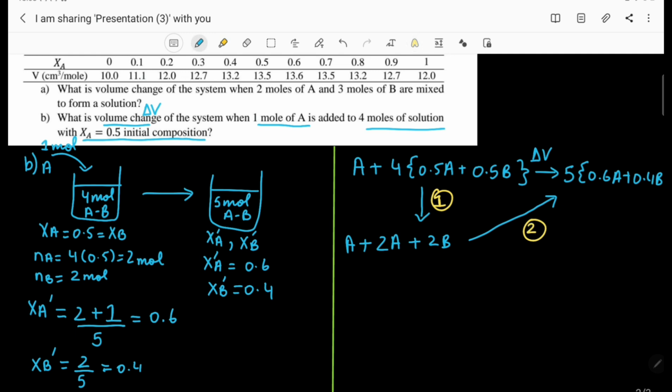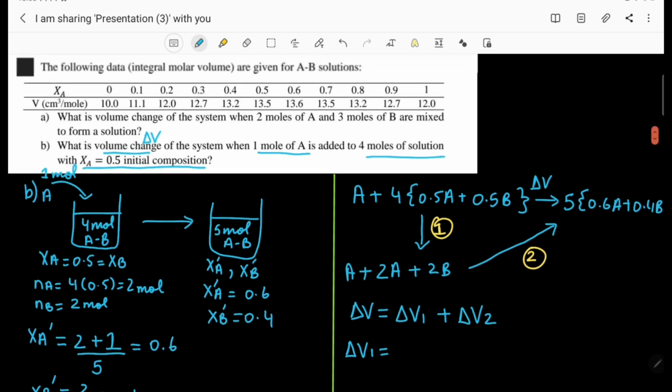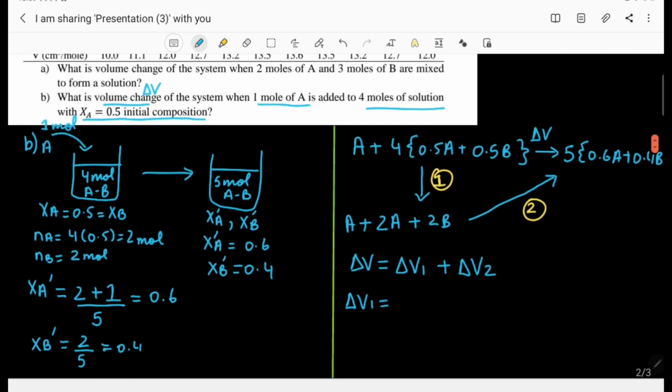All right. So delta V is going to be nothing but the sum of delta V1 and delta V2. All right, so to find delta V1, we need to realize that this is the opposite of the reaction that we did in part A, in which we were going in this direction, but over here we're going in the opposite direction, right?